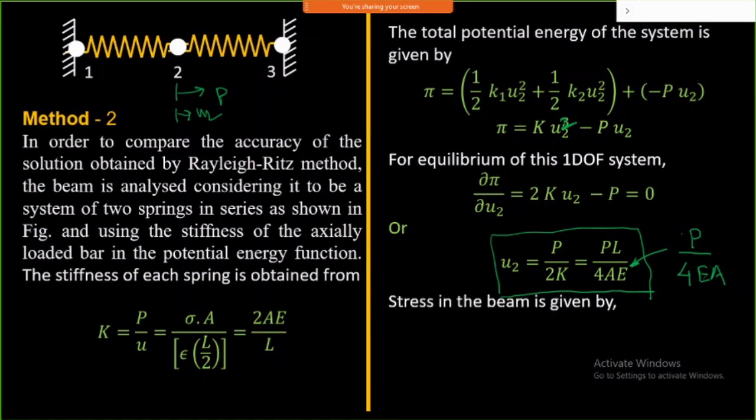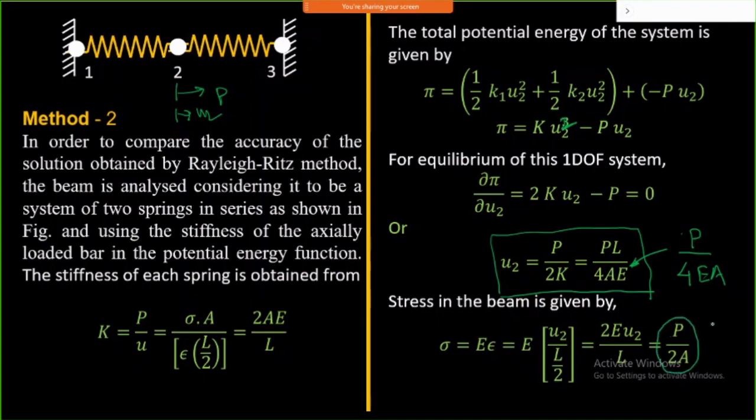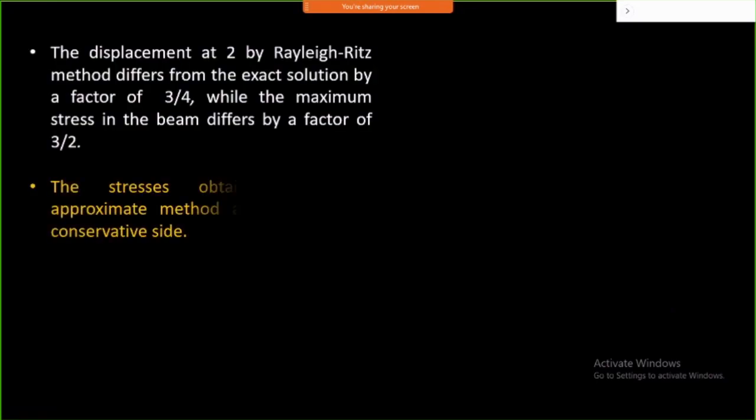So here stress in the beam is given by, obviously we can determine the stress, E into epsilon will give me a stress, and this is also perfectly okay that stress is also determined with this value. If you look into the previous method, we are doing so much integration, so many things, but we are not getting better accuracy.